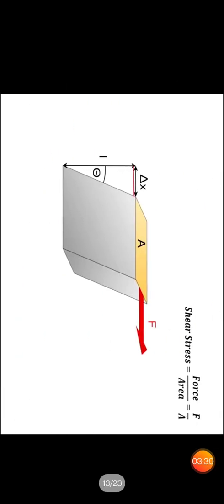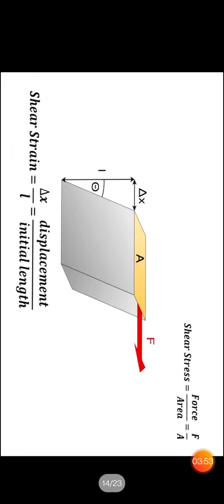So the shear stress is equal to F upon A, that is, deforming force per unit area.